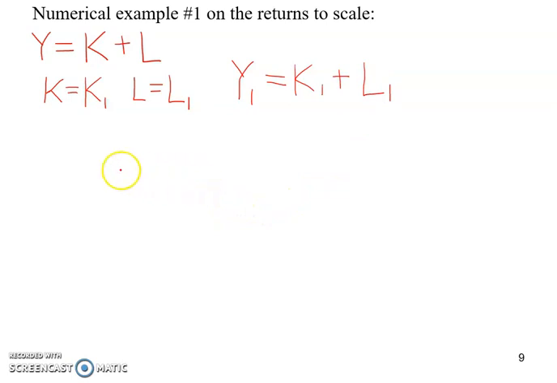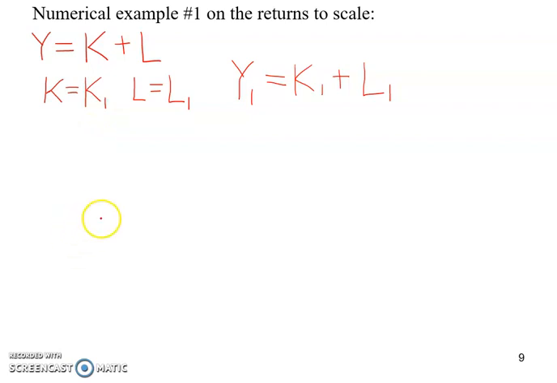As discussed in the previous video, when we talk about returns to scale, we change the scale of inputs and then see how the scale of output changes. Here, to keep it simple, let's double the amount of capital and labor.